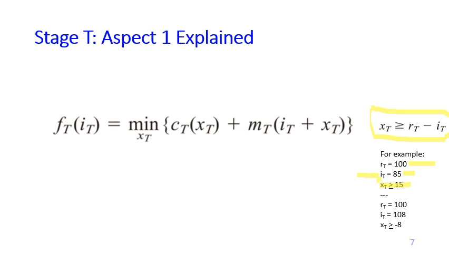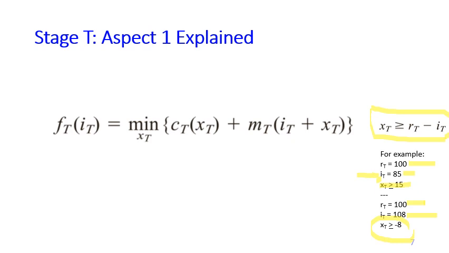Let's see another example. If we have the demand of 100, but we already have the capacity of 108, it means that x_T is greater than or equal to minus 8, which means that you may reduce the capacity by as much as 8.